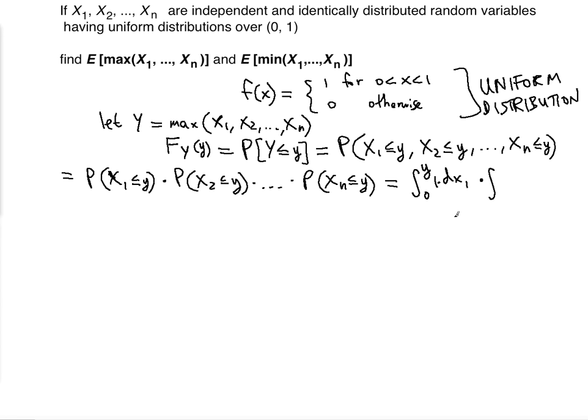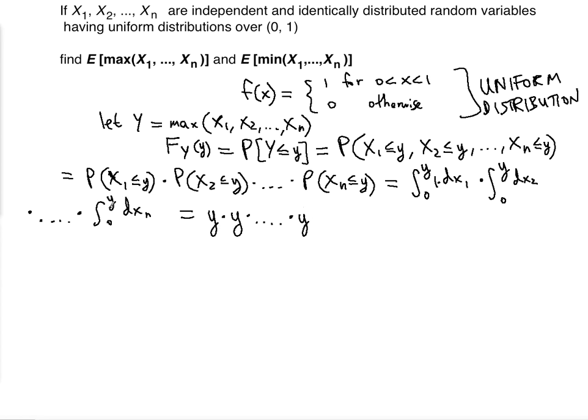Then multiplied by the second integral from 0 to y again, because we're dealing with the same distribution, dx2, and all the way until the last integral from 0 to y, dxn. This integral will be y, the next one will be y, and the last integral, of course, will be y.